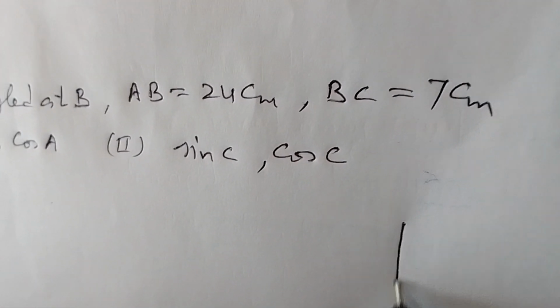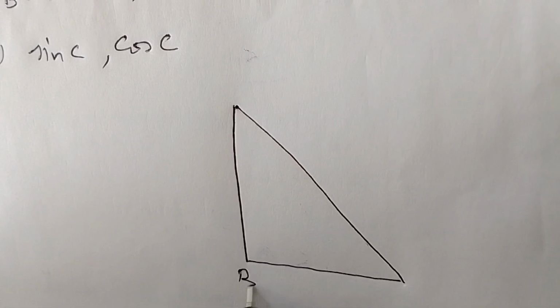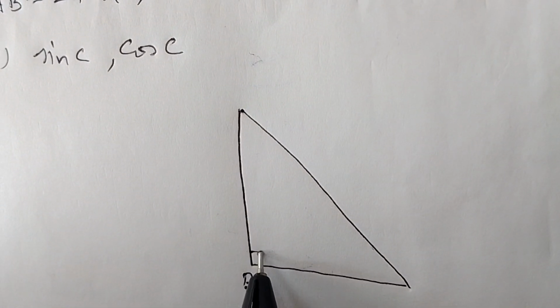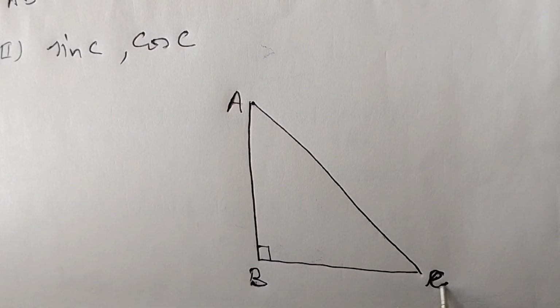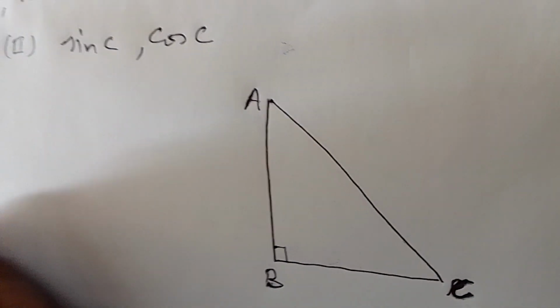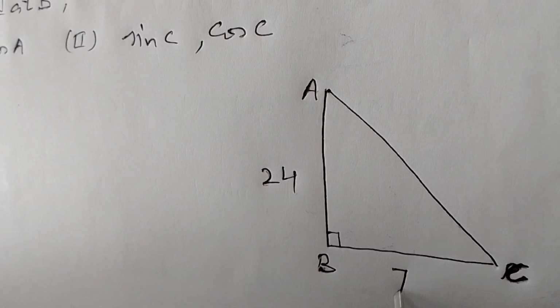For this, we will first make the triangle. The right angle will be at B point. The triangle will be like this: B 90-degree right angle, A and C. So we are given AB 24 centimeter and BC 7 centimeter.